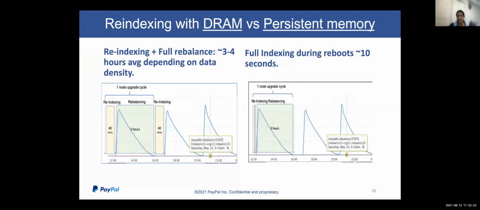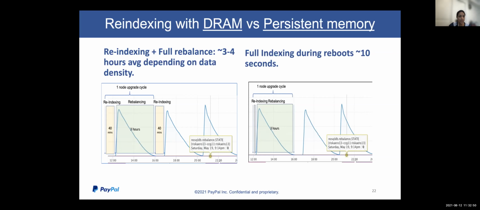And now let's take an example of a maintenance activity wherein we are patching a node. In this slide, you can see that it's divided into two parts. The left-hand side is showing re-indexing, where we are making use of DRAM. And on the right-hand side, there's a graph showing the re-indexing timing using persistent memory.